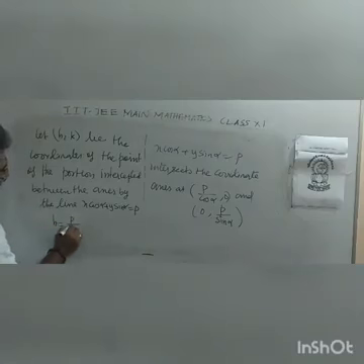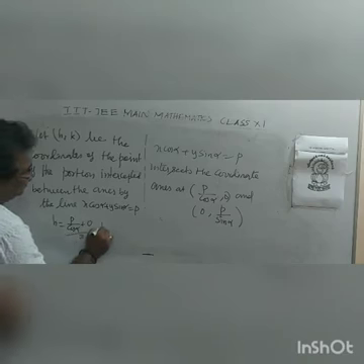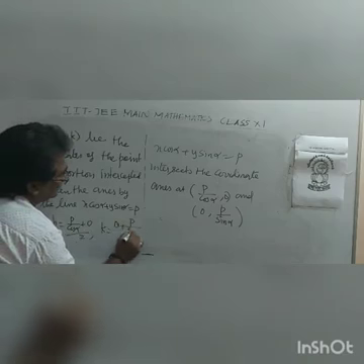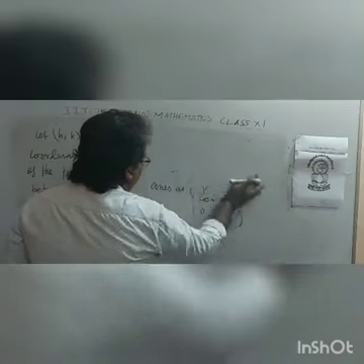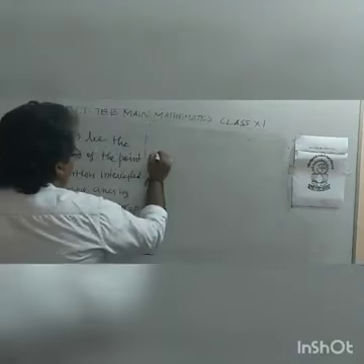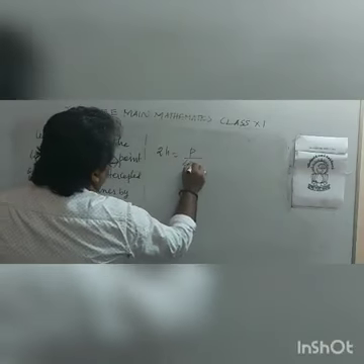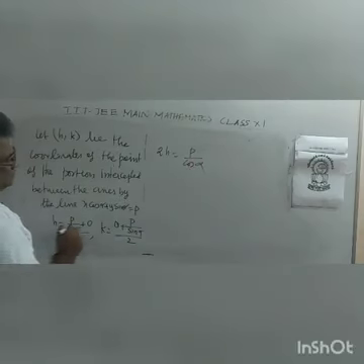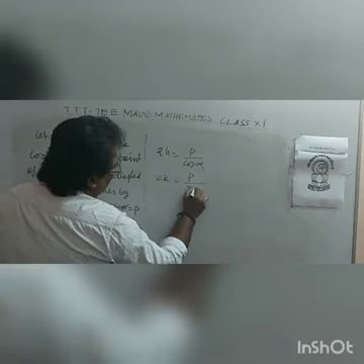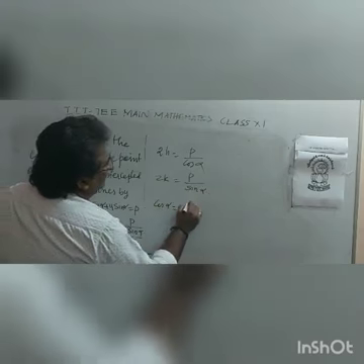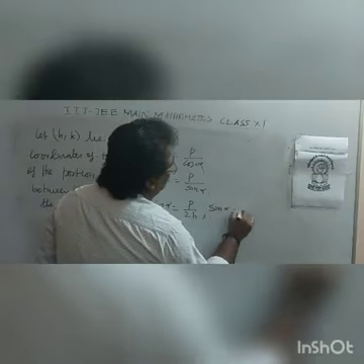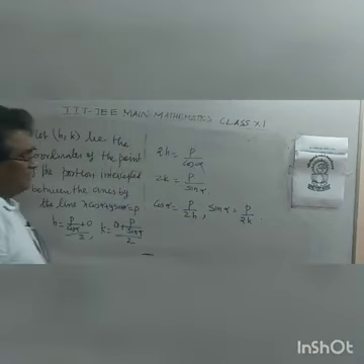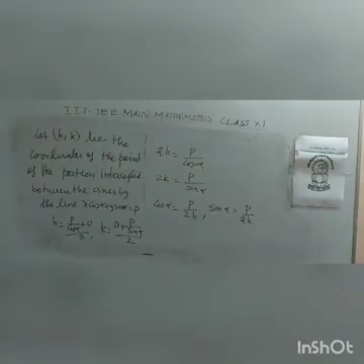So h equal to p by cos alpha plus 0 by 2, k equal to 0 plus p by sin alpha by 2. 2h equal to p by cos alpha, 2k equal to p by sin alpha. Cos alpha equal to p by 2h, sin alpha equal to p by 2k.